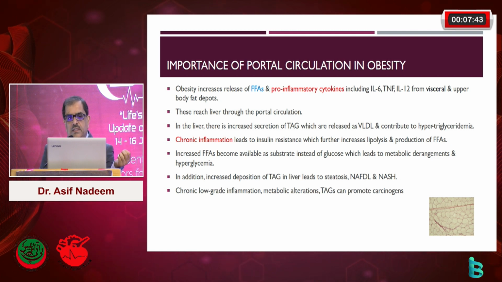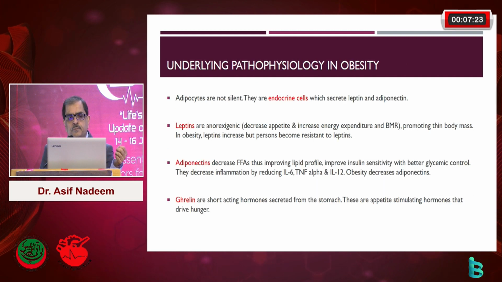In the liver, there is increased secretion of triacylglycerol, which is released as VLDL particles and contributes to hypertriglyceridemia. Then there is chronic inflammation, which leads to insulin resistance, which further increases lipolysis and production of free fatty acids.